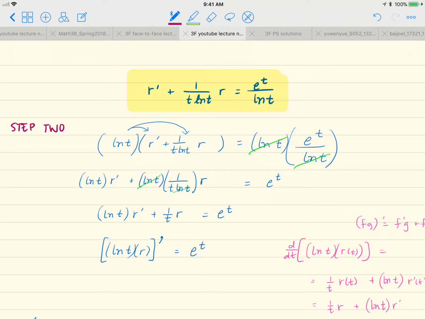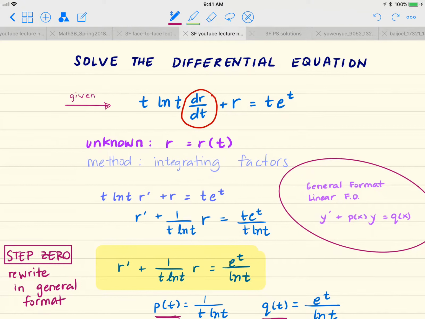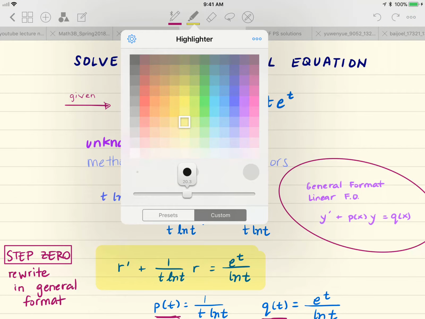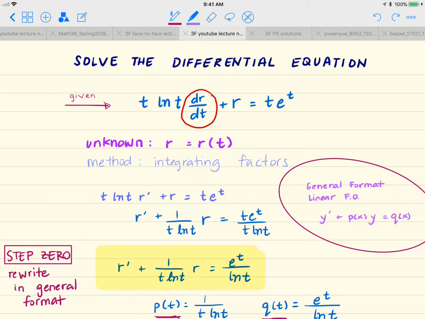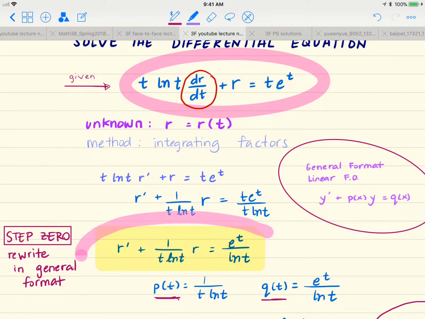So step 2, multiply the equation in general format by your integrating factor I. Remember, our given equation was different from the equation once we put it in the general format.